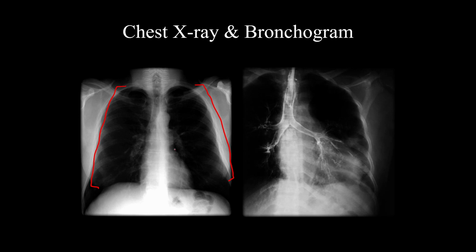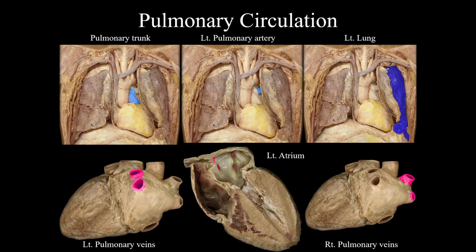Okay, they're also looking at the size of the heart. If your heart is enlarged, experienced radiologic technologists can identify that there's an enlargement of your heart. So you have your pulmonary circulation here.